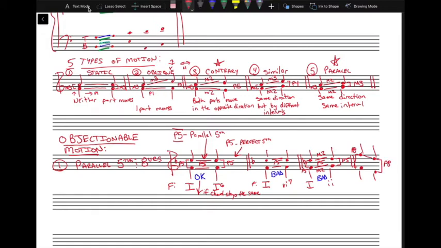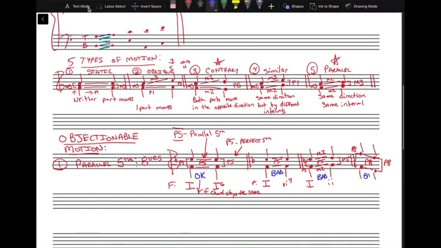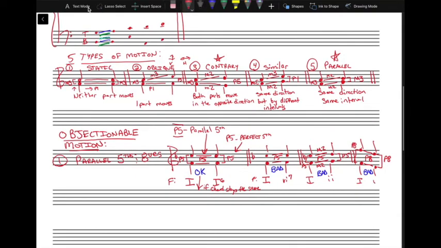You have F to F, D to D. They're starting on the same pitch, landing on the same pitch. This is a parallel octave. This is also bad, as long as the chord is changing. Again, going from 1 chord to a 6 chord. So that is one type of objectionable motion that we're dealing with.